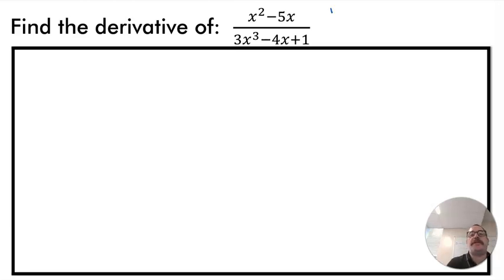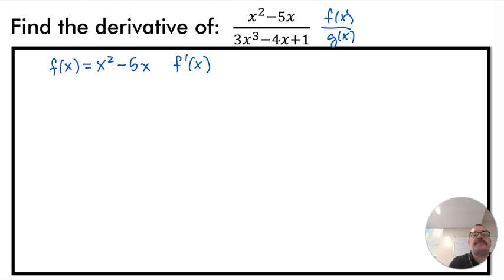Top function, f of x. Bottom function, g of x. So we've got f of x equal to x squared minus 5x. So our f prime of x would be equal to 2x minus 5. Nothing too terrible yet.